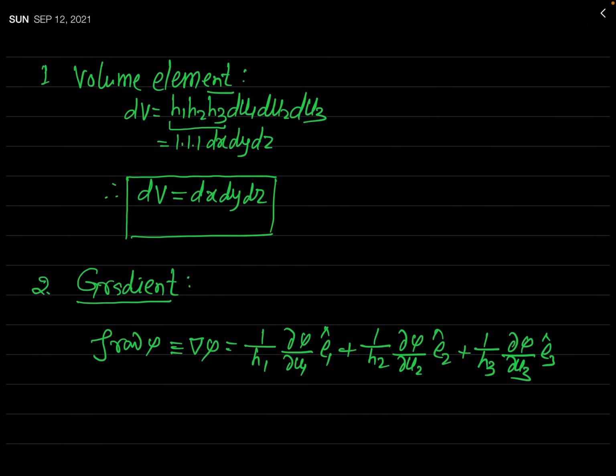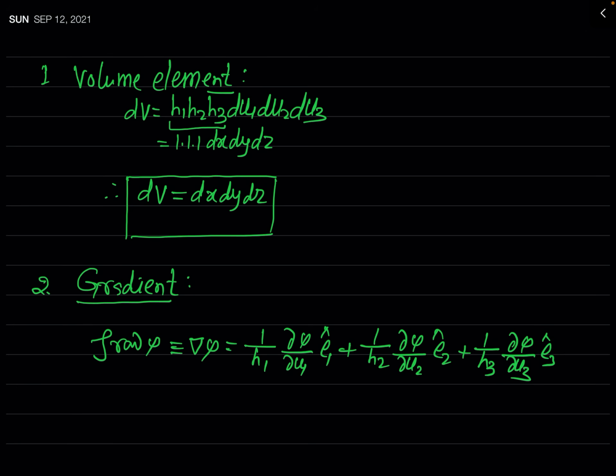Now if you want to apply this result for the Cartesian coordinate system, then you have to see what are the values of h1, h2 and h3 and how we denote the unit vectors e1 hat, e2 hat and e3 hat.